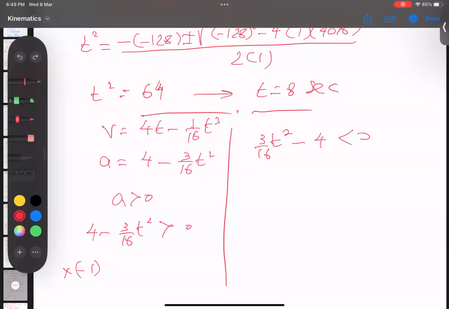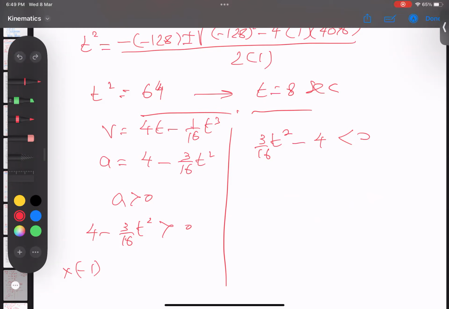Whenever we multiply with a negative value, the inequality will change. Now you can ask one question: sir, why do you multiply by negative 1? Why not leave it as it is? Because you know, if x squared is positive, we have this curve; if x squared is negative, we have this curve. And this negative sign here. So to avoid this negative sign, I multiplied. I hope the point is very clear.